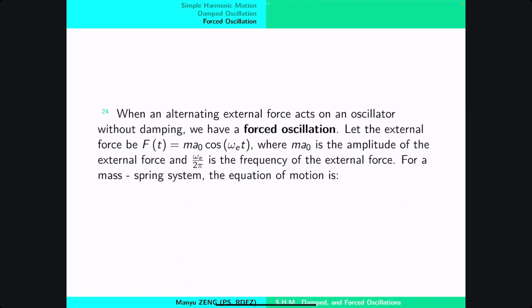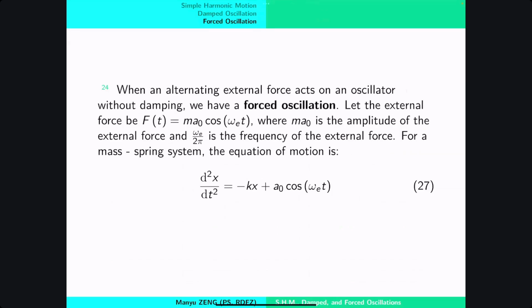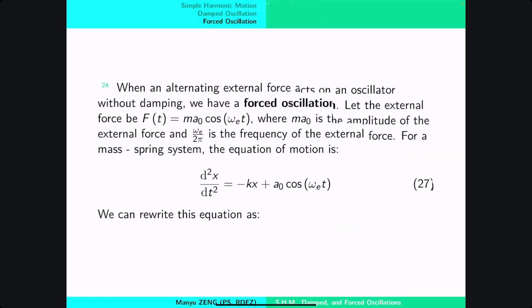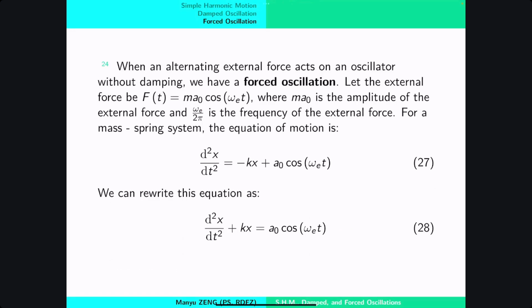For a mass spring system, the equation becomes like this, right? Negative kx is the spring's force, the acceleration due to the spring, and the second term is the external force caused oscillation, caused acceleration. So we can rewrite this equation 27 by shifting the terms to make all the terms have a plus sign.